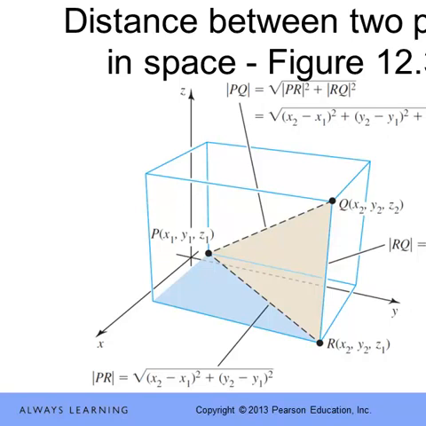So suppose we've got a point P with coordinates x1, y1, z1, and a point Q with coordinates x2, y2, z2, and you want to find the distance between those 2 points. It's the distance formula that you know and love back from algebra class. No surprises there.